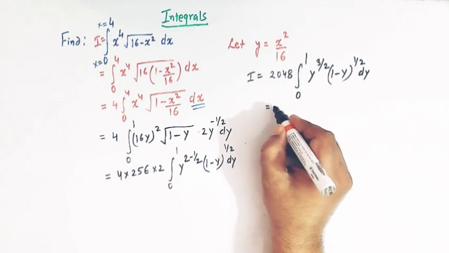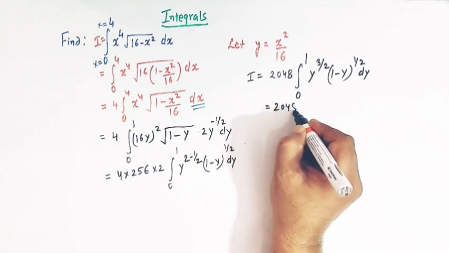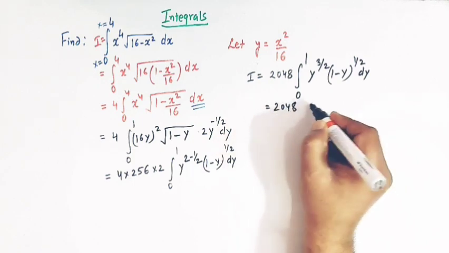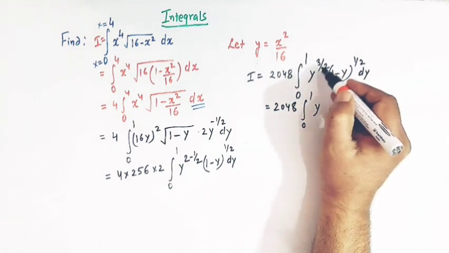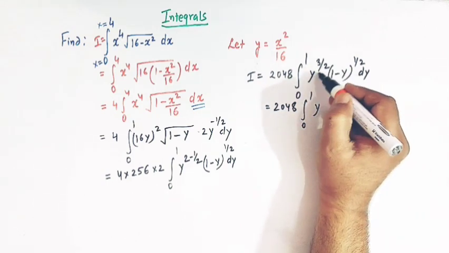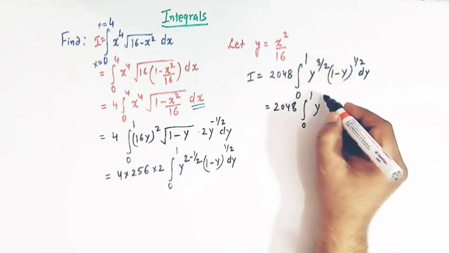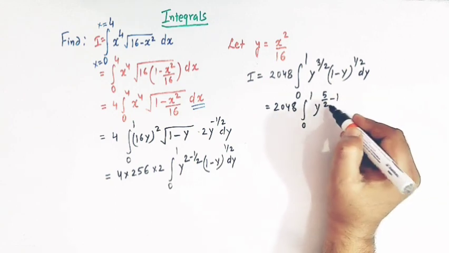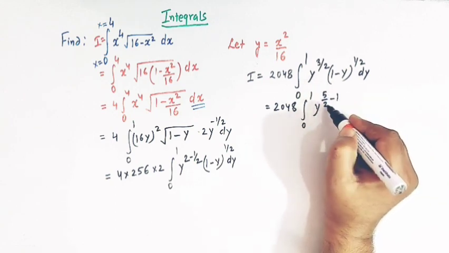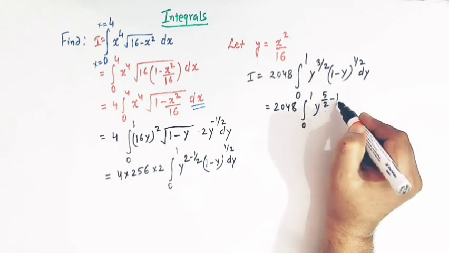Okay, now we'll write it like this: 2048, then we have 0 to 1, and see, y raised to 3 by 2. Now we can express 3 by 2 as 5 by 2 minus 1, right? So why are we writing this like 5 by 2 minus 1?